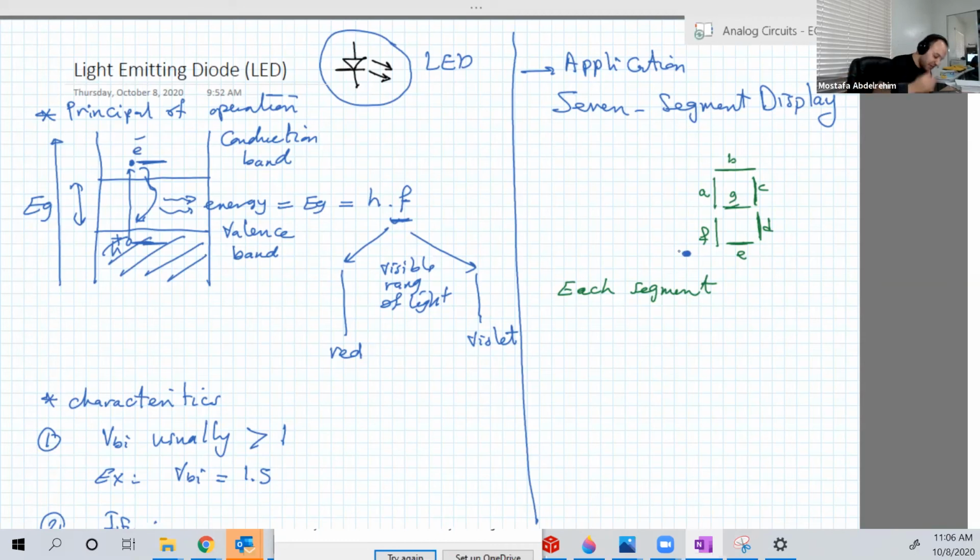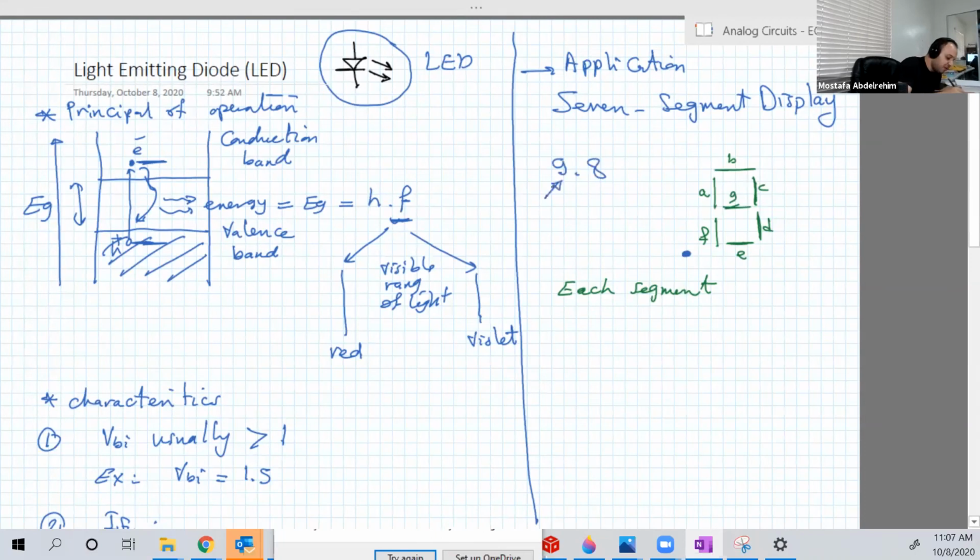Some of these are actually 8 segments, because you have 7 segments for the digit, 1, 2, 3, 4, and sometimes you also have another LED for the decimal point. So you can have something like 9.8, for example.